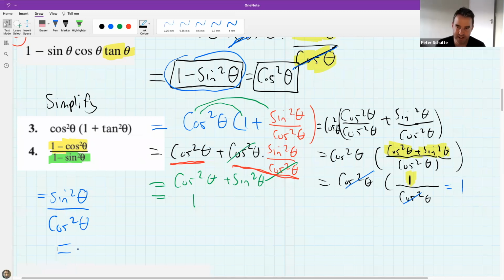Can that be simplified any further? And I think Owetu, Mpo, Bongo Kosi are all agreeing that this is tan squared theta. So watch out for the squares here, because if you've got sine squared theta over cos squared theta, you don't just get tan theta, you get tan squared theta.